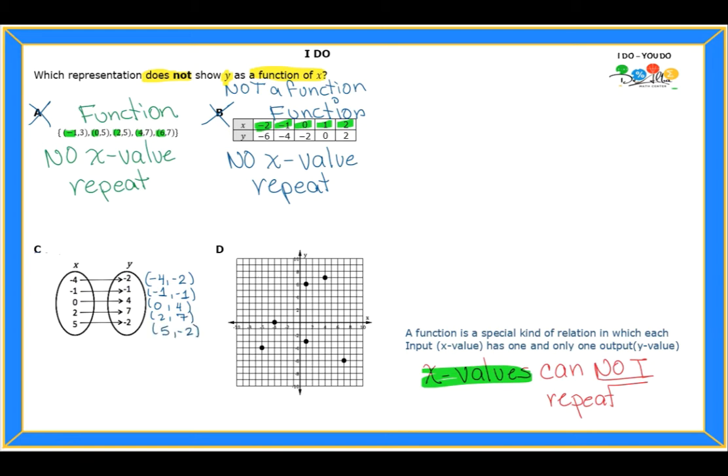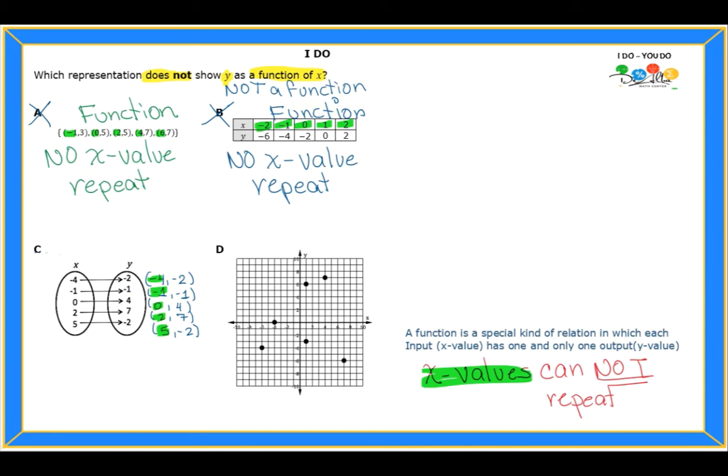Some of the biggest mistakes that I've seen students make is when they are given a mapping and they don't write down the ordered pairs again. It's very likely, okay, that they can get confused deciding whether x or y are repeating. So my advice is don't go through that problem. Just rewrite them. And now I'm going to look at my x values. And I do not see any x value that repeats.